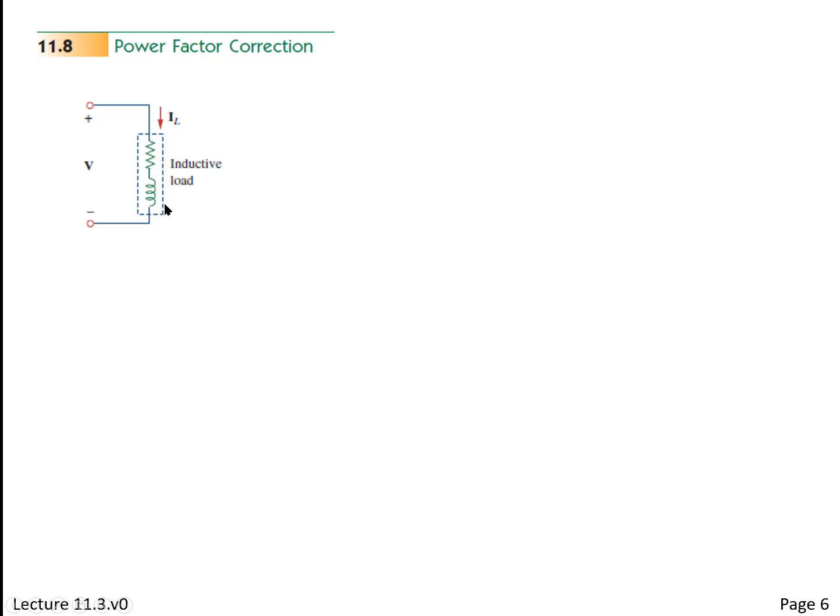Okay, and I like that the book chooses this because most loads in the power industry are inductive, to be honest with you. Just look around. You see transformers, you see motors, transformers in microwaves, in ovens and stoves and all that.